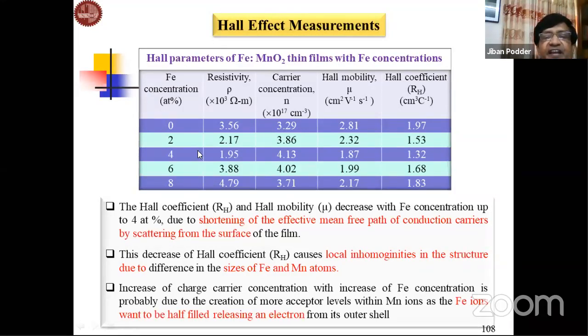At this 4% concentration, the mobility and the Hall coefficient decrease. Because of shortening of the mean free path of conduction carriers by scattering from the surface, and the decrease of the Hall coefficient caused by local inhomogeneities in the structure due to the different sizes of iron and manganese, may be the cause.